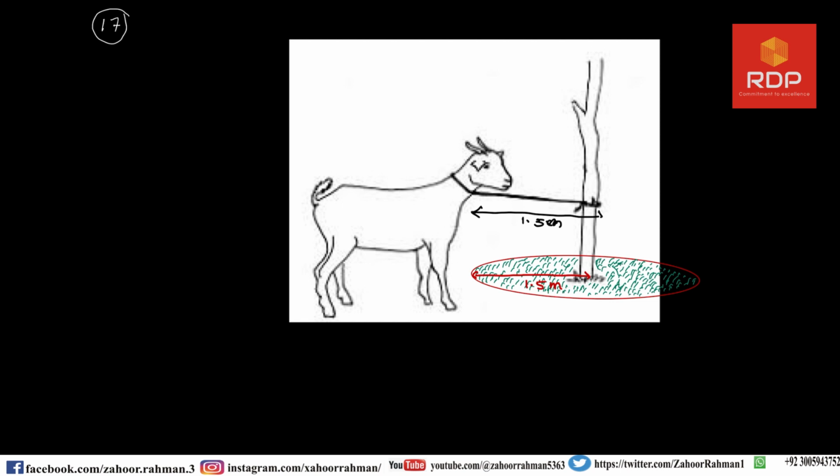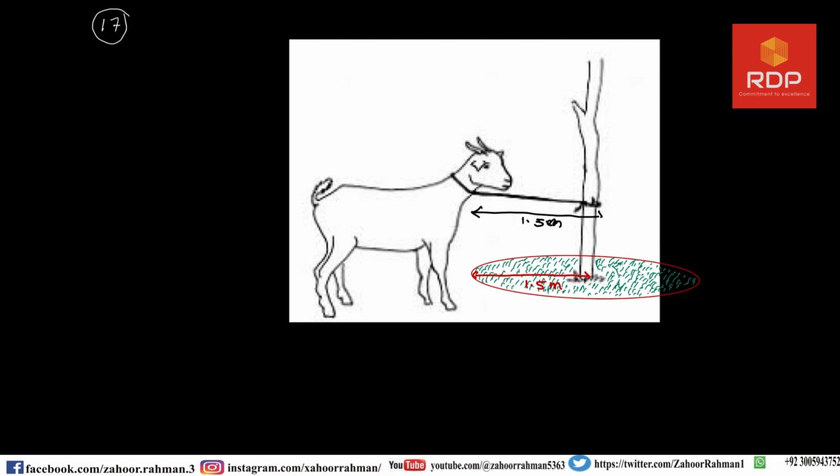Find the time if it needs to eat all the grass within its reach. So I denoted a circle with the red, and there is grass inside it. Only the goat will be able to eat the grass in the circle of radius 1.5 meter.